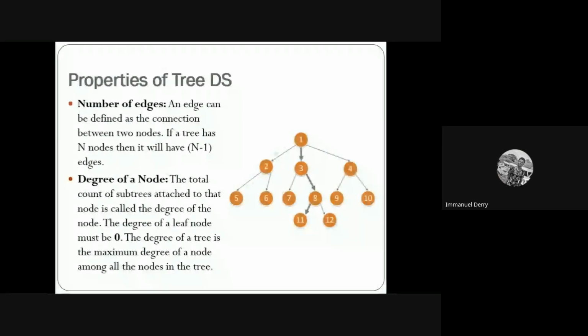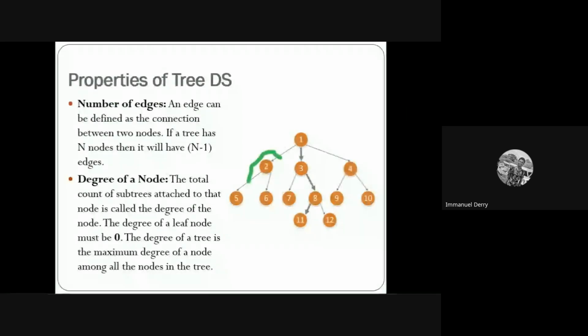It's 2 because if we take this as a tree, 5 and 6 are trees. So those subtrees that are attached to it give the degree of the node 2.